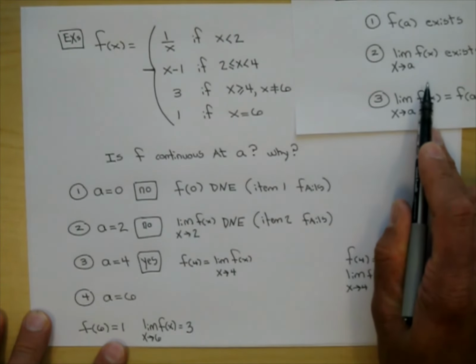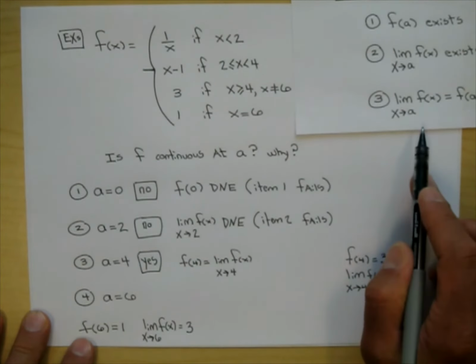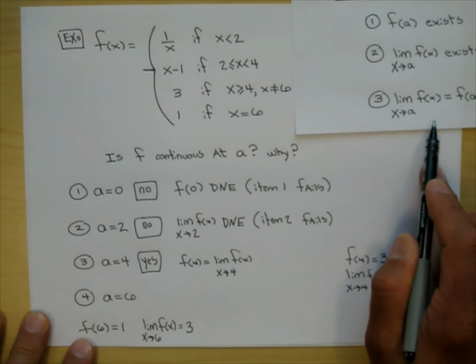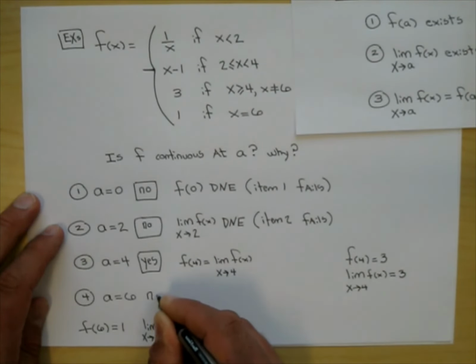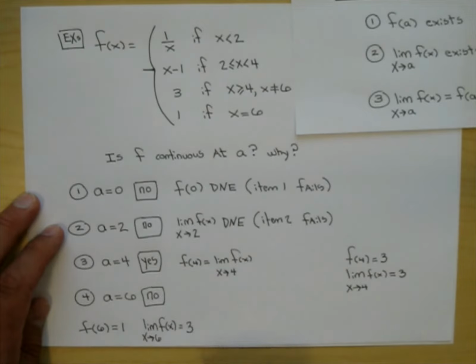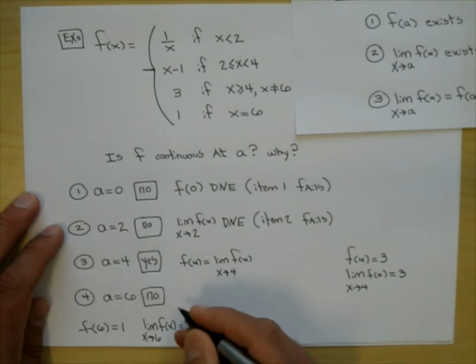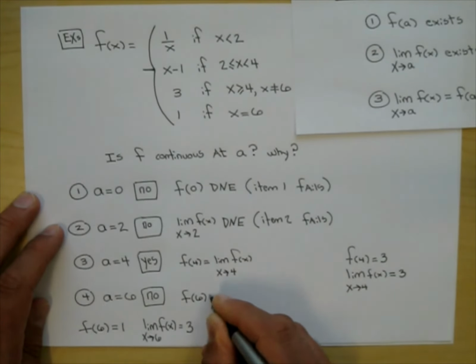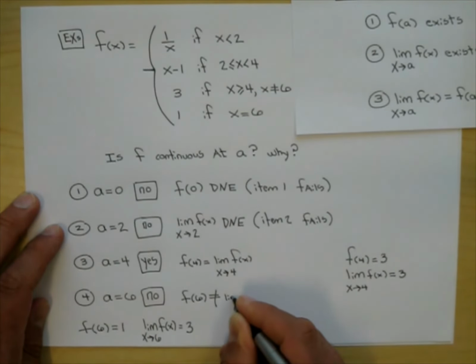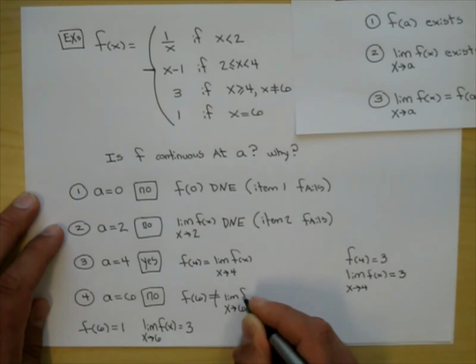So item 2 is good. The limit exists. Item 3, on the other hand, that's the one that's going to fail, because the f of 6 does not equal the limit of f as x approaches 6. So this is going to be no. F is not continuous at 6, and it's because f of 6 does not equal the limit as x approaches 6.